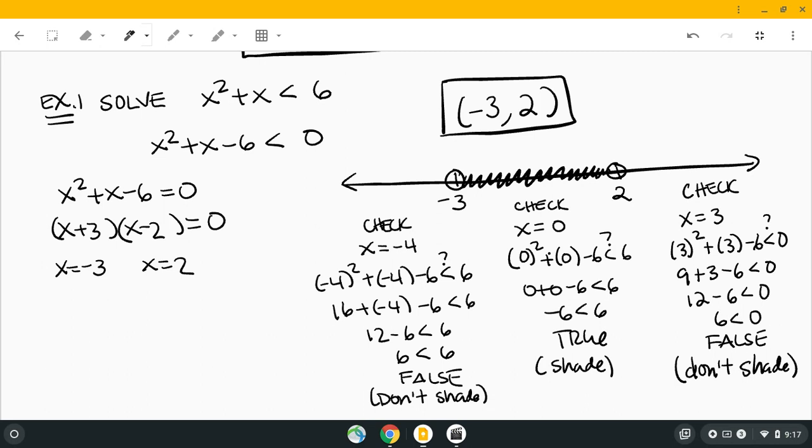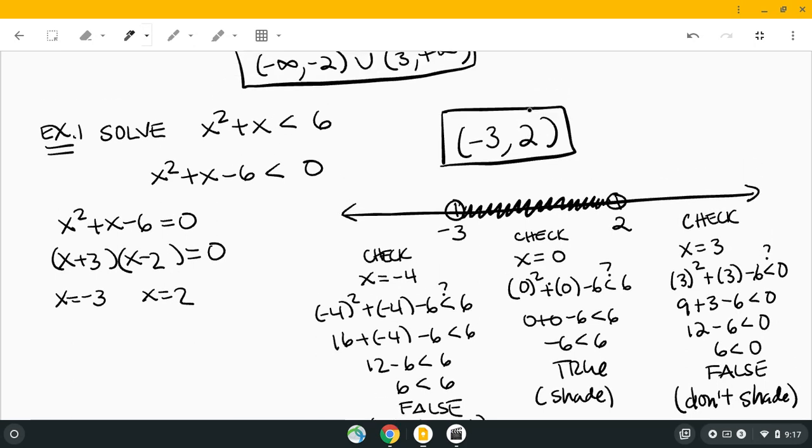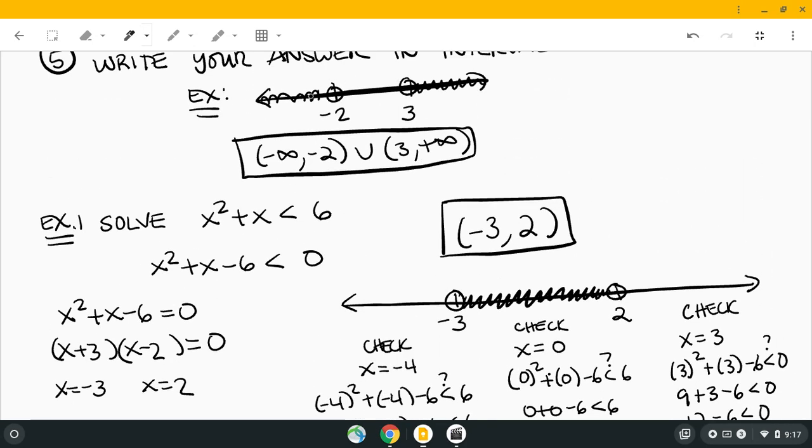Okay, so we only see one region that is shaded, so I only have one interval. Whereas here, there were 2 regions that were shaded, so I have 2 intervals. This one to represent that part, and this one to represent that part.